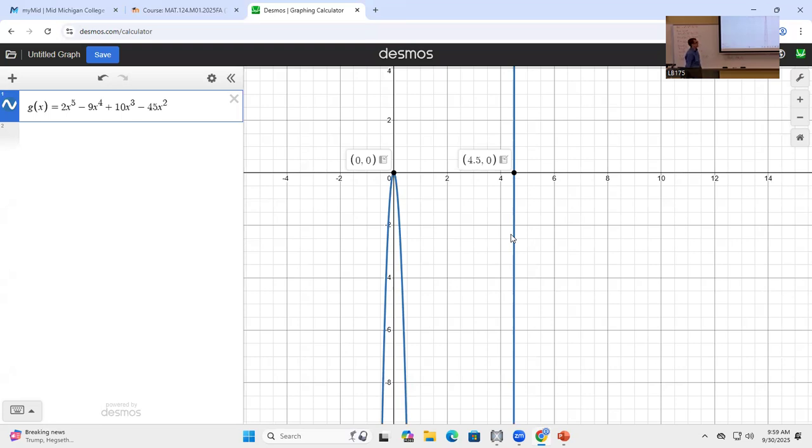And again, the complex zeros don't give me x-intercepts. I say complex meaning, obviously, the non-real complex numbers.